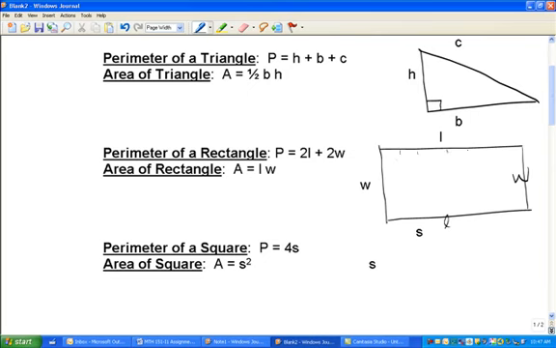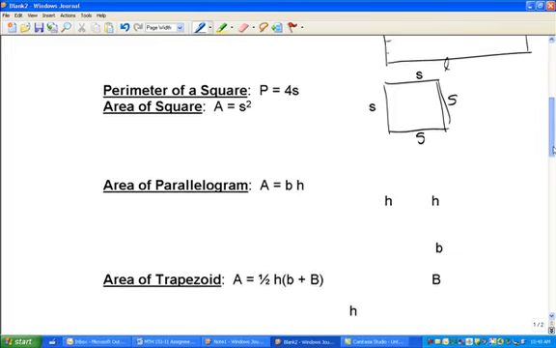Basically what we're doing is counting the number of units along the length and multiplying it by the number of units along the width. And what that gives us is the number of 1 by 1 square units in the rectangle. For a square, of course, a square is just a specialized rectangle. All of the sides measure S, so the perimeter is S plus S plus S plus S, or 4S. The area would be S squared, S times S.